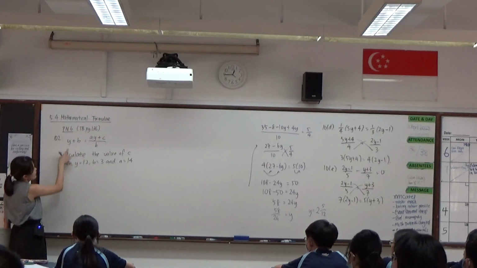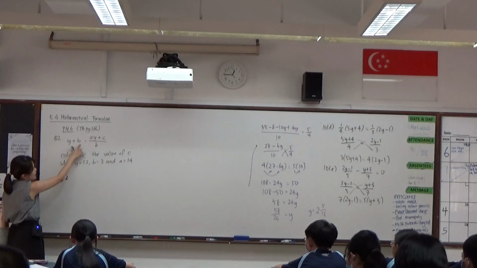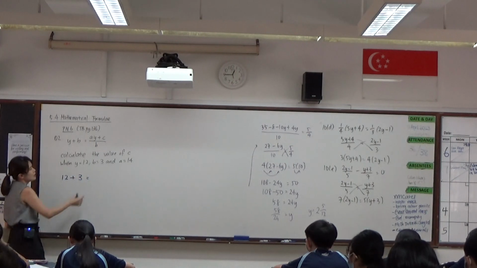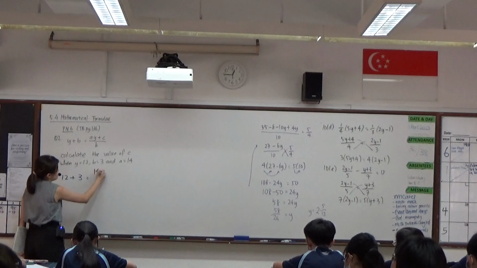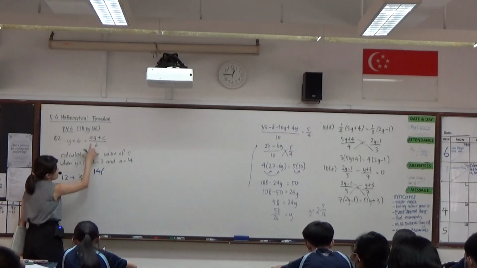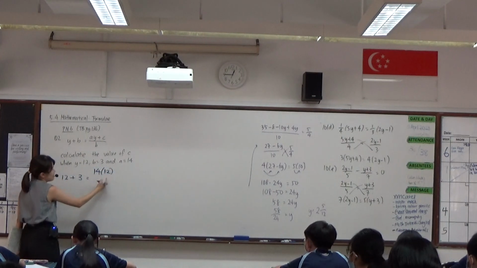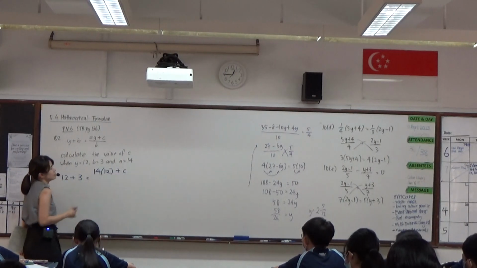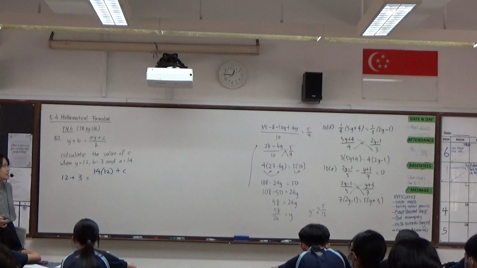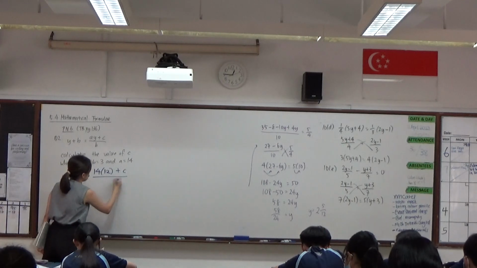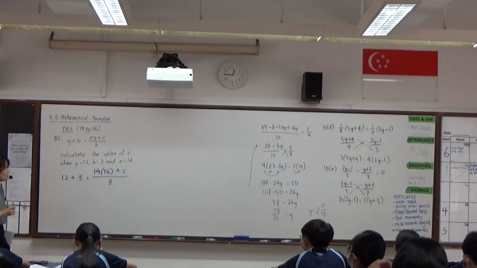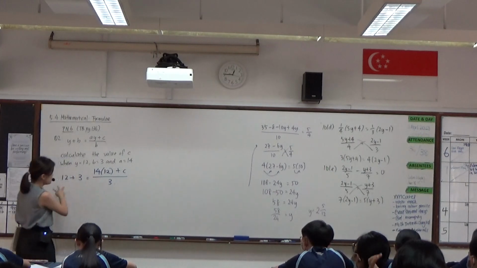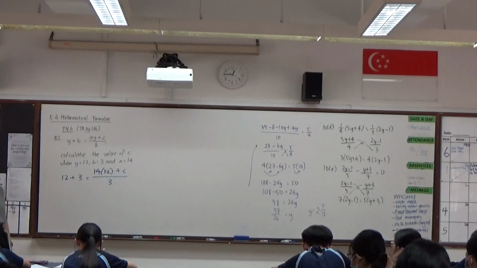So y will become 12, plus b is 3. A is 14, y is 12, but it's multiplication over here, so I must put brackets. Plus c is something that I need to find, therefore I leave it as it is, over b, which is 3. So this is what we get when we place in the numbers.